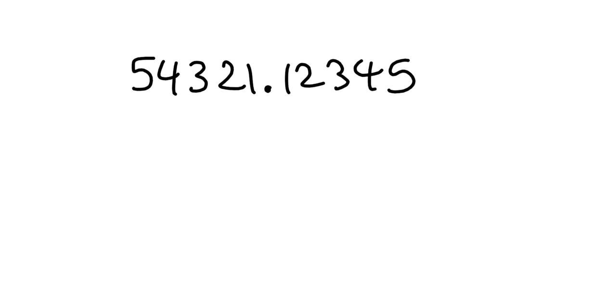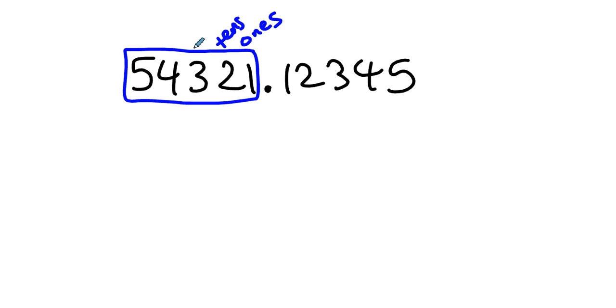Now, until today, until this lesson, you looked at the left side of the decimal point only. This part is a whole number, and you've got your ones place and your tens place and your hundreds place and your thousands place and so on.